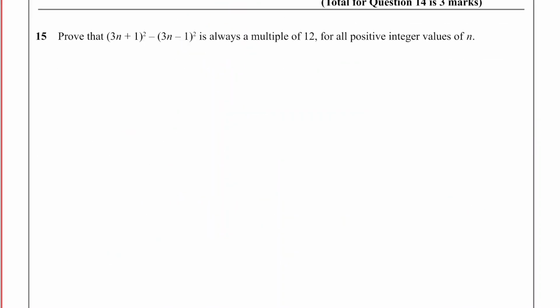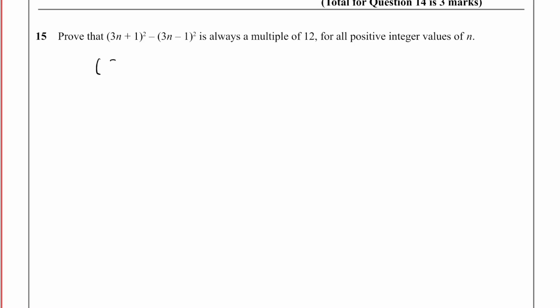Question 15. Prove that 3n plus 1 squared, take away 3n minus 1, all squared, is always a multiple of 12 for all positive integer values of n. So all we have to do is expand and simplify, and we should be left with something that's clearly a multiple of 12.